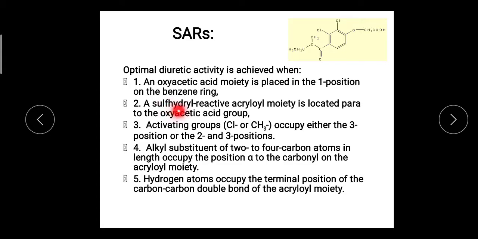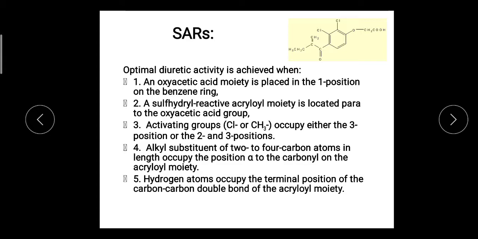The sulfhydryl-reactive acryloyl moiety is located para to the oxyacetic acid group. The acryloyl group that I told you about earlier, present instead of the sulfamyl group, should be present para to the oxyacetic group.